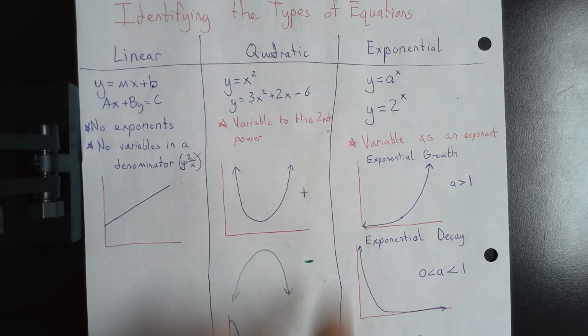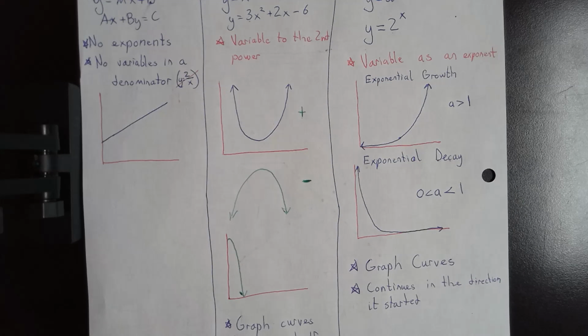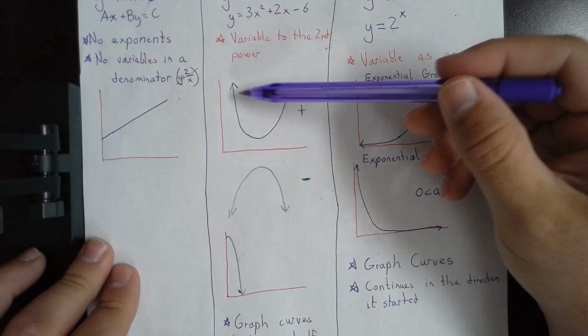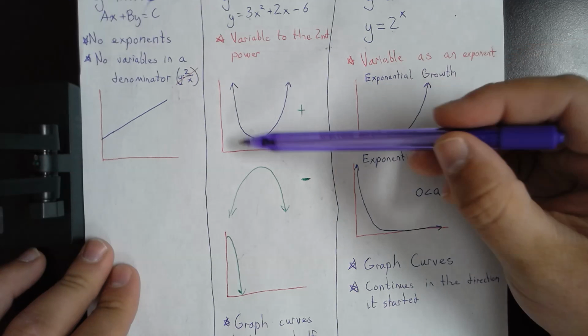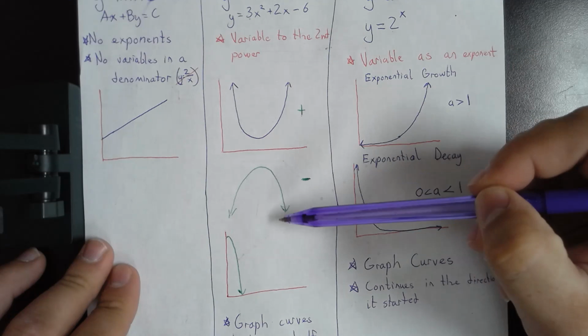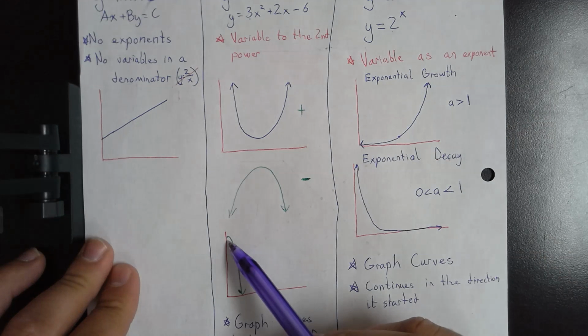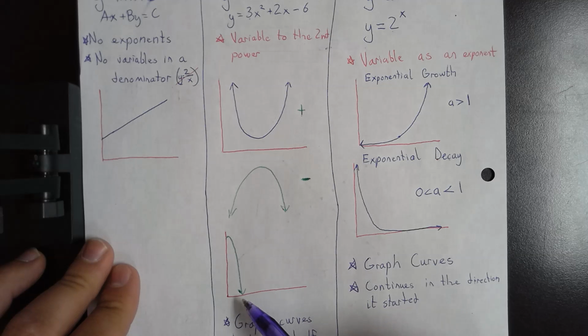So that's if we're looking at the equations. If we're looking at the graphs, those should be a little bit easier to see. Obviously, a straight line is going to be linear. If it starts curving back on itself, whether that be a full nice U or an N, or if it just barely comes out and comes down, that's going to be quadratic.